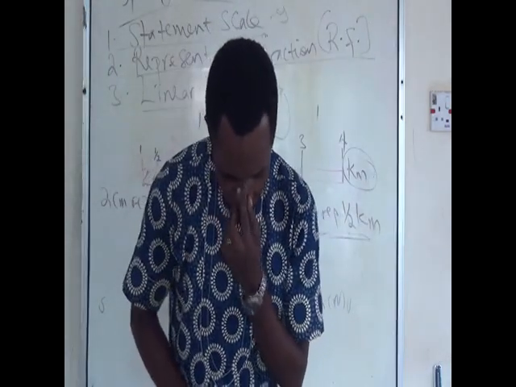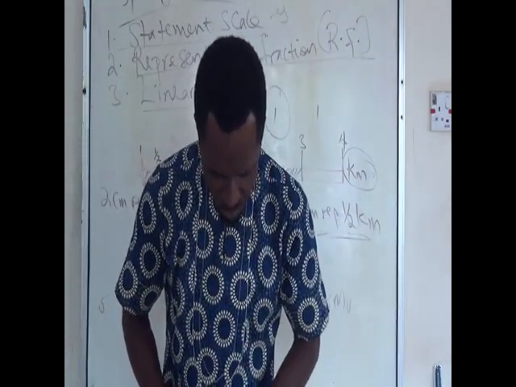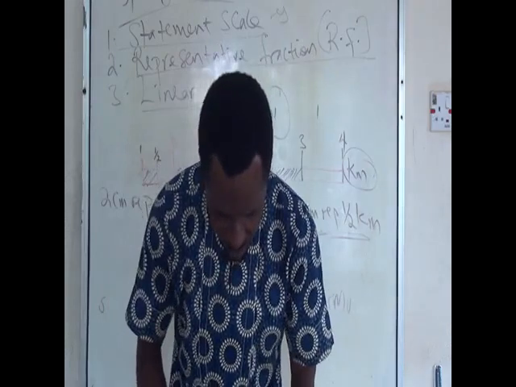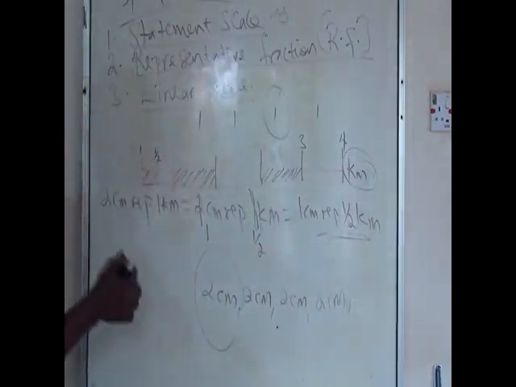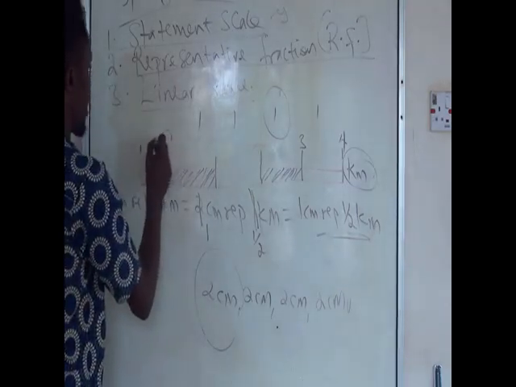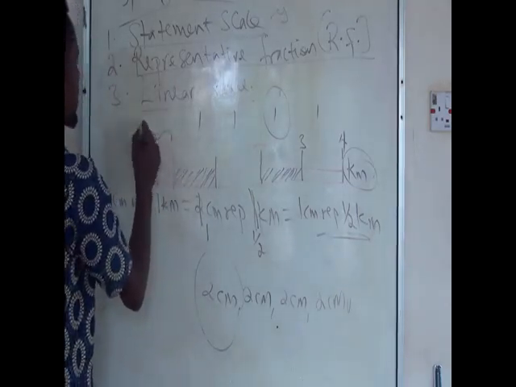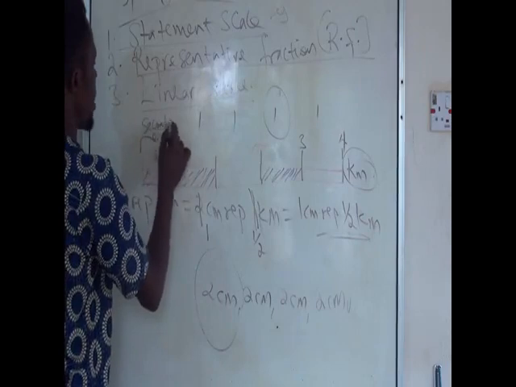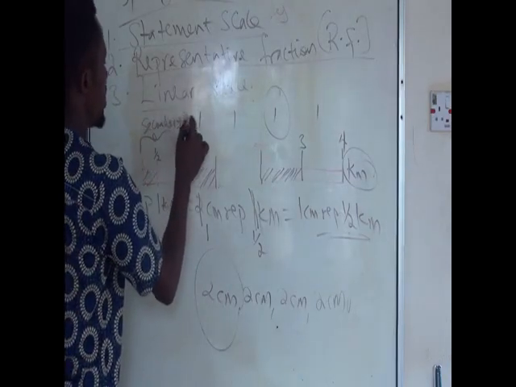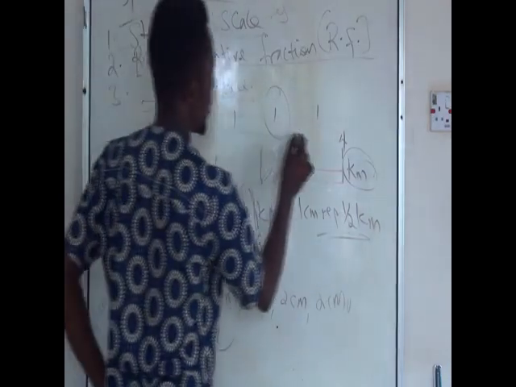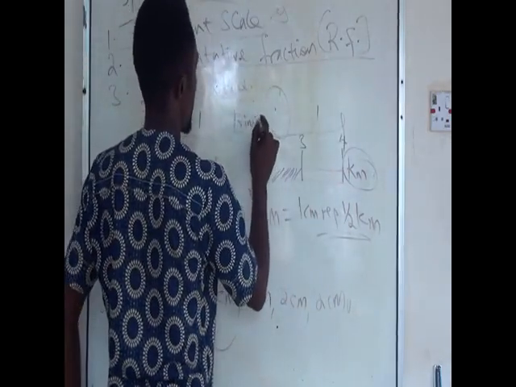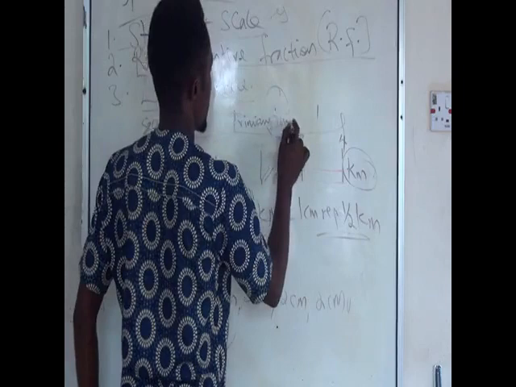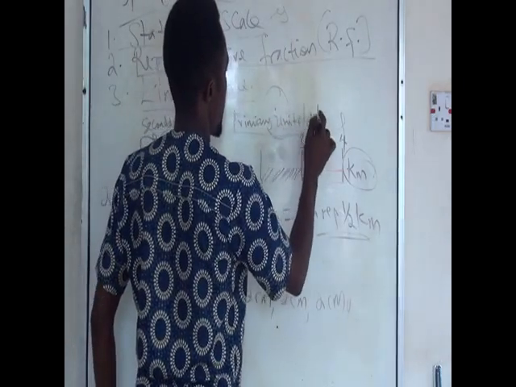Alright, if you look at our linear scale very well, you will agree with me that there are 2 subdivisions. This is what we call secondary units. Then the whole of this is called the primary units or division.